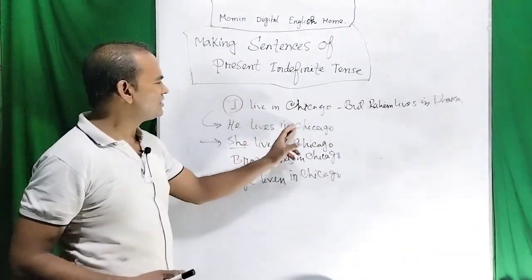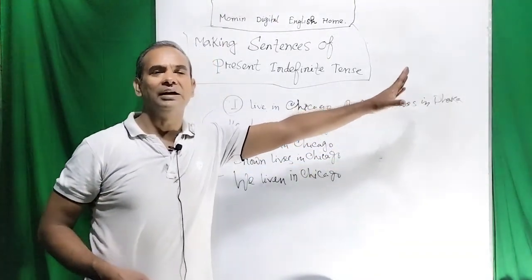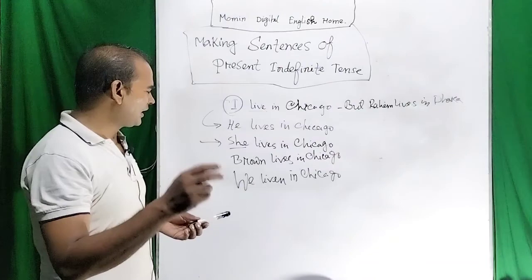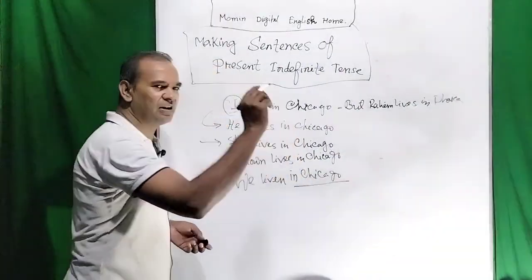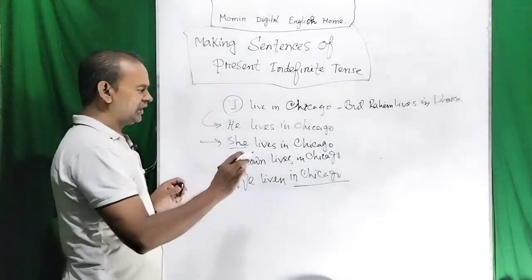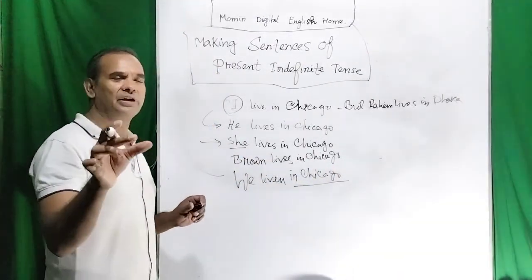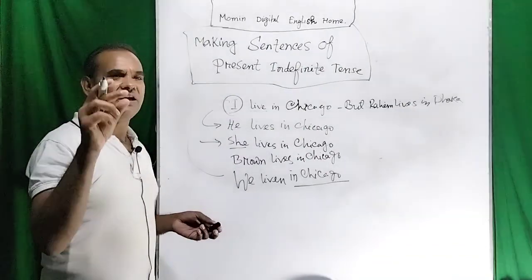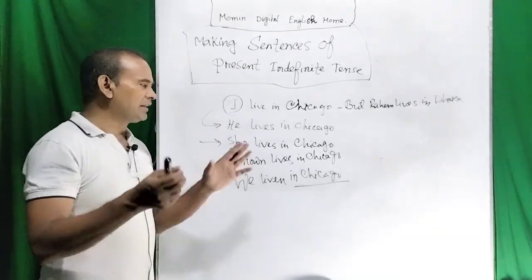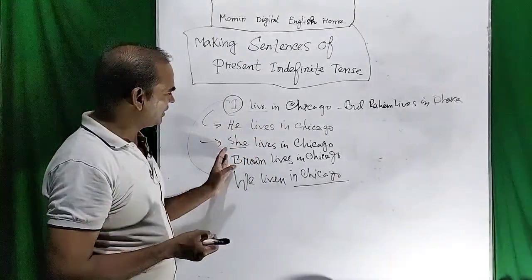Or Rahim lives in Chicago or in Dhaka, etc. So you can understand that in this phase you can use in plus any place, in Chicago, in Dhaka, in Kurigram, in the United States, in Darjeeling, or in Granada, in New Zealand, etc.